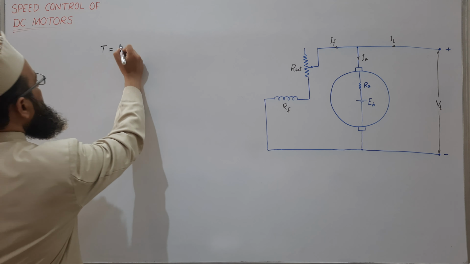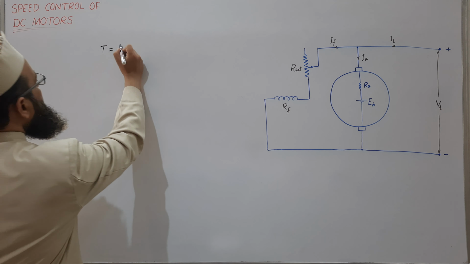The same can be written as machine constant Ka times phi Ia, where Ka is Pz upon 2 pi A. Also, back EMF in DC motor may be written as the same machine constant Ka times phi into omega, speed in radian per second.